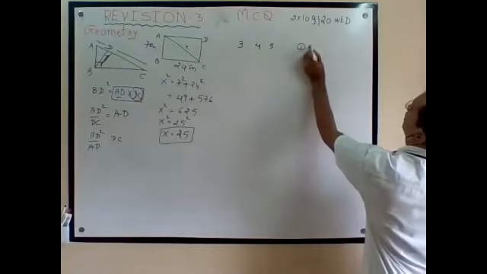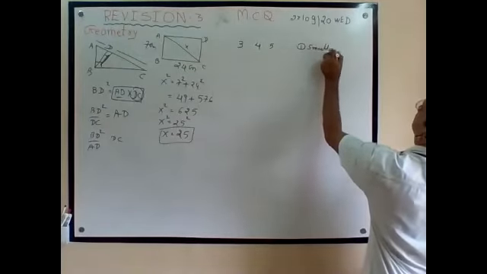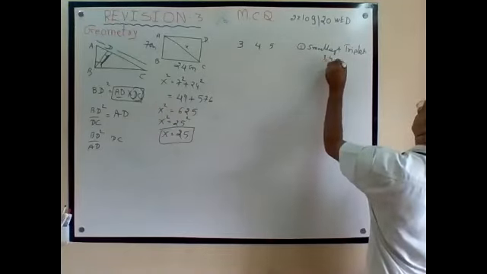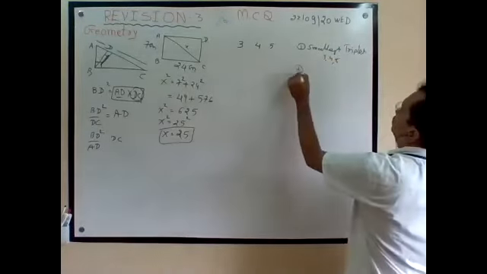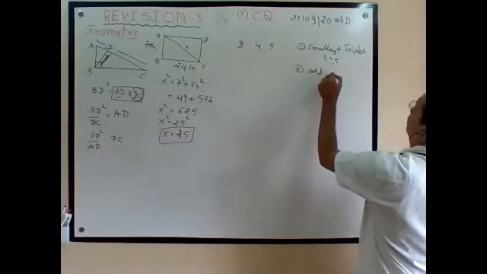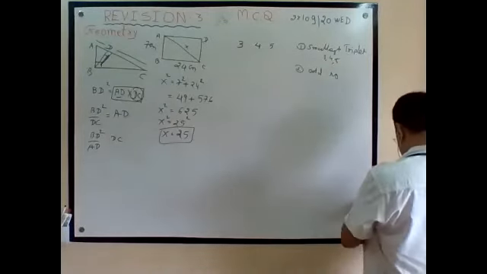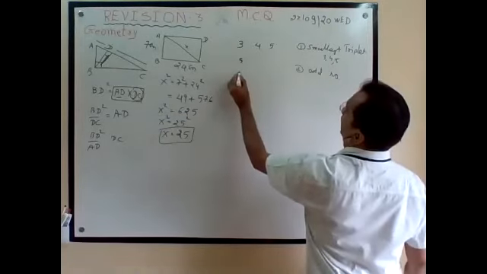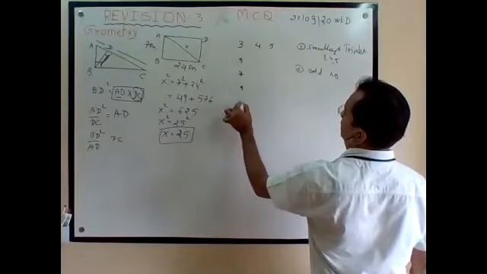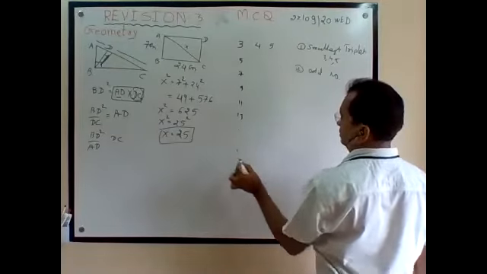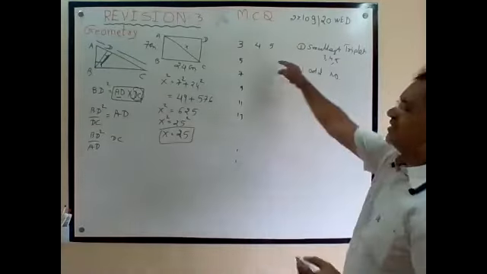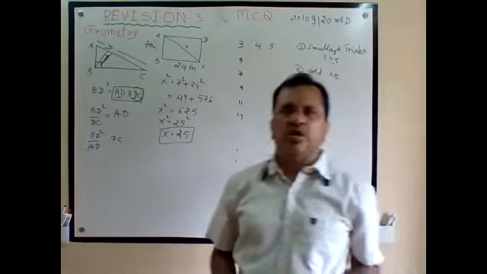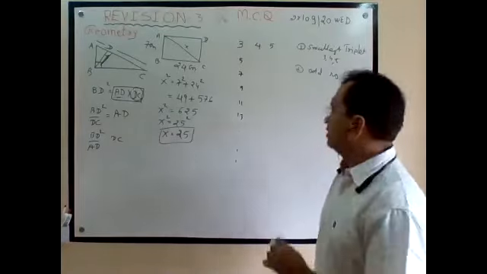Step number 1, write the smallest Pythagorean triplet. Step number 2, write all odd numbers: 3, 5, 7, 9, 11, 13.